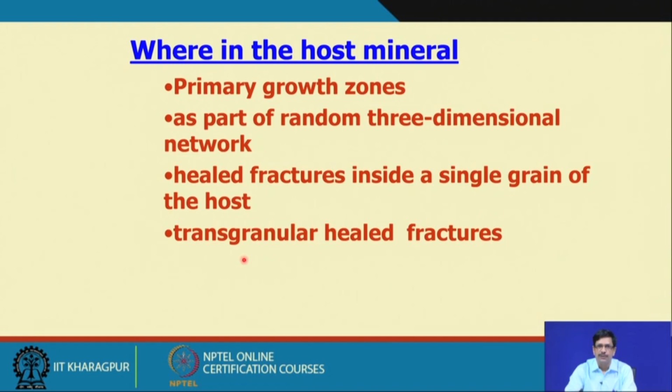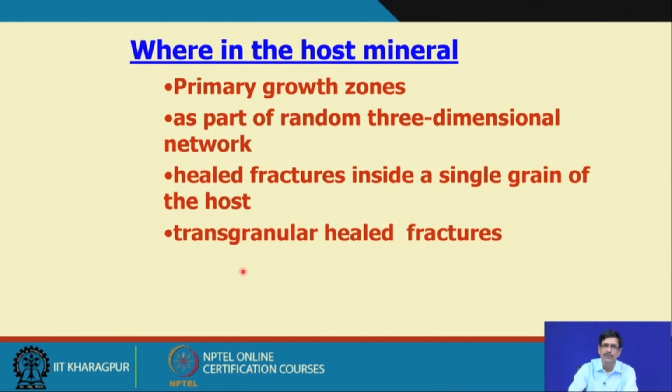They are the transgranular healed fractures. So in these cases, when the inclusions are present in primary growth zones or in part of the random 3-dimensional network, we call them primary inclusions. And when they are present on linear arrays on the healed cracks or fractures traversing through many grains within the host minerals, we call them the secondary inclusions.